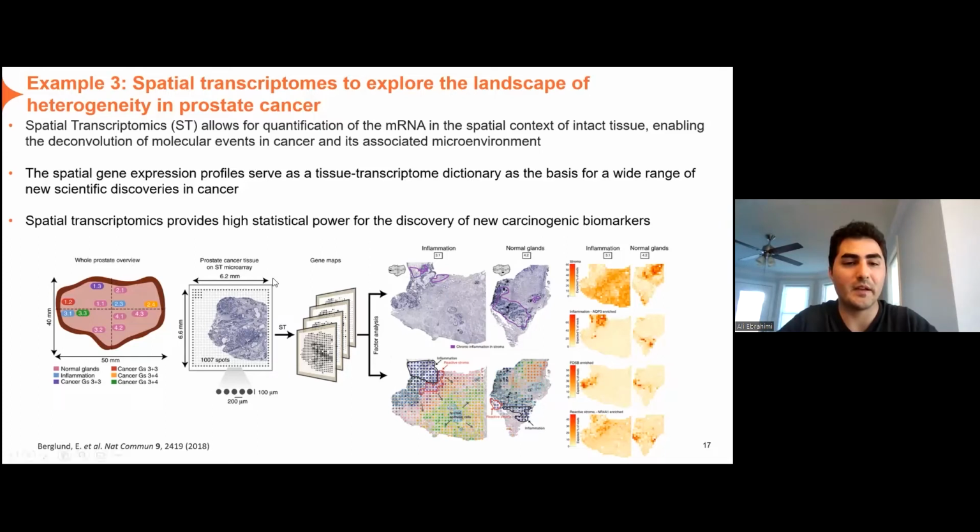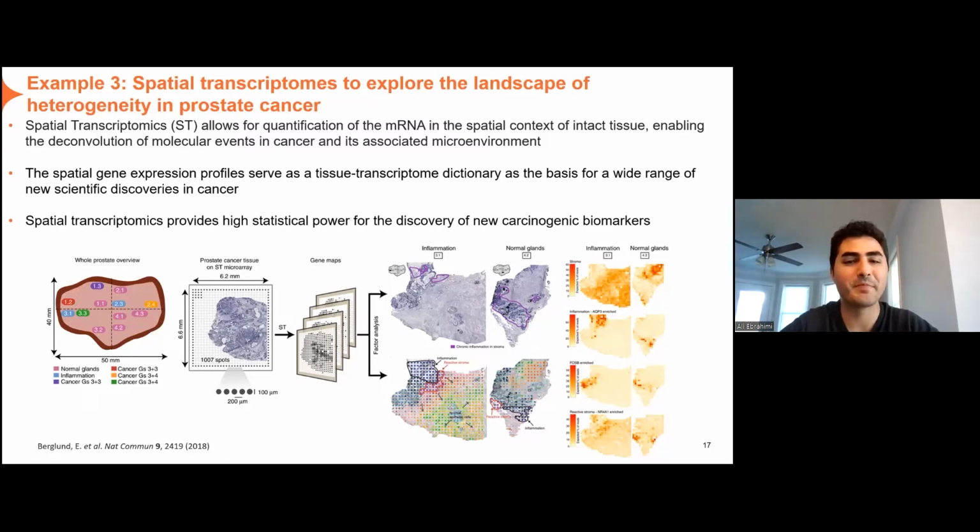In this study the whole prostate was analyzed by subsampling, and they used 10x Visium technology to understand how cancer tissue interacts with inflamed regions of the tissue versus healthy regions within the prostate, and they were able to identify some of the key biomarkers.